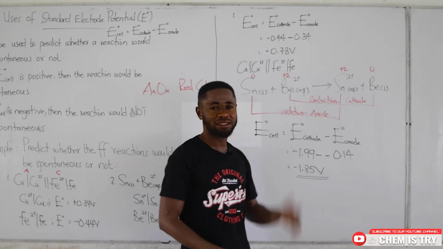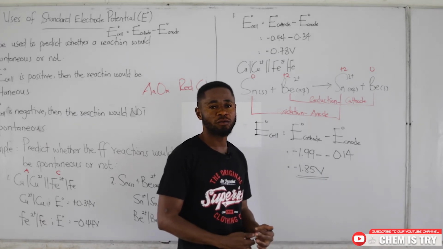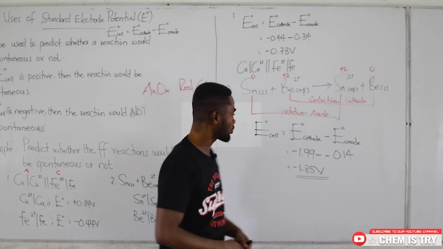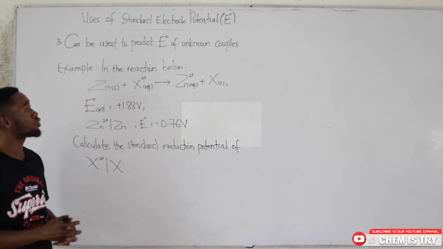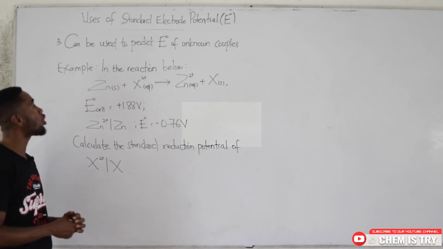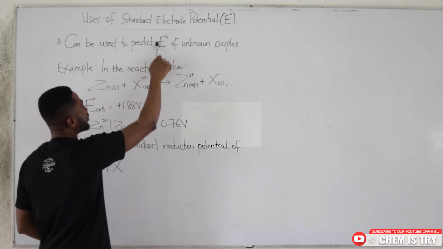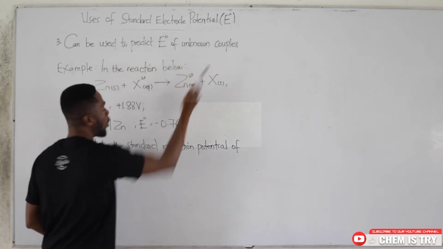Now let's go and look at the third use of the standard electrode potential values. The standard electrode potential values can also be used to predict the standard electrode potential of unknown couples.